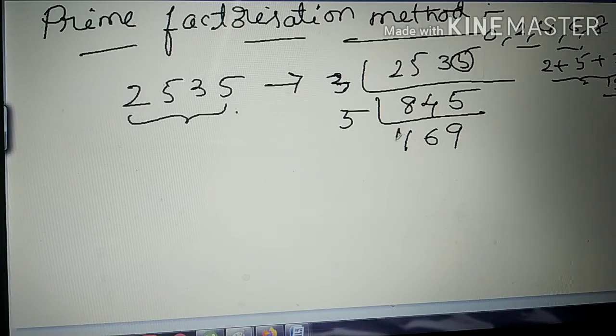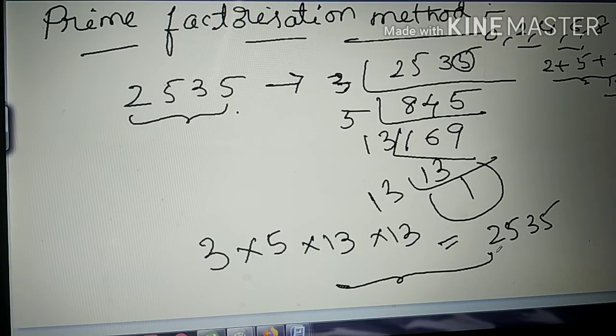Now see, again with 3 will it go? No. Now what to do? Now see here, with 13 it will go. 13 13's are 169. What do you get here? Again with 13, you get 1. So until you get 1, you have to do this process.